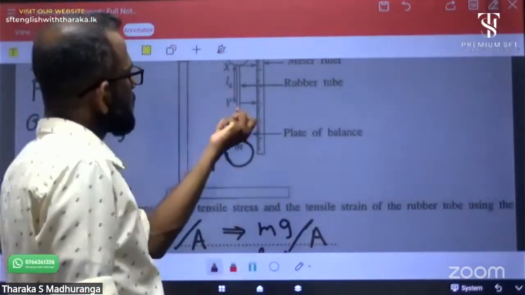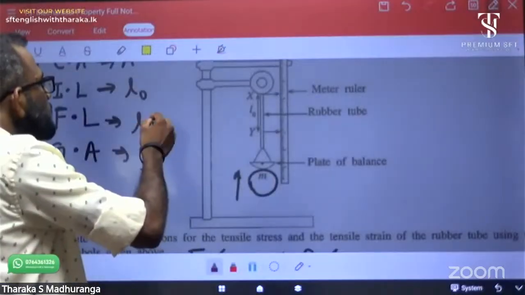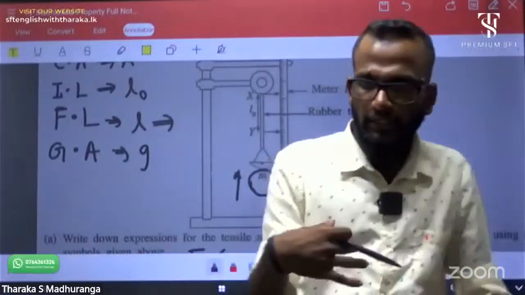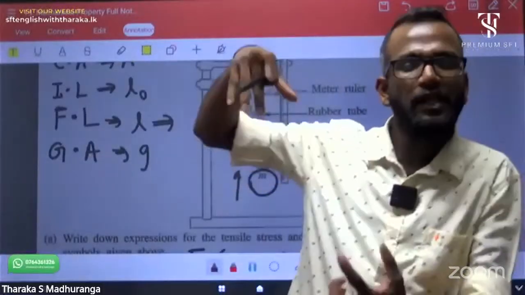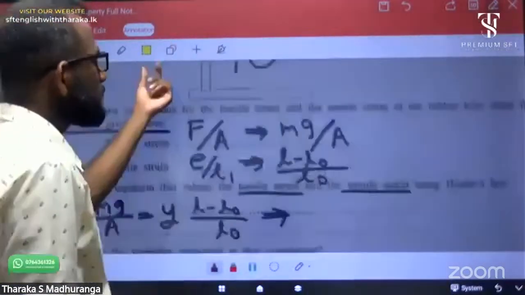The extension or final length is automatically changing, right? According to the weight, as the weight increases, the final length also increases.